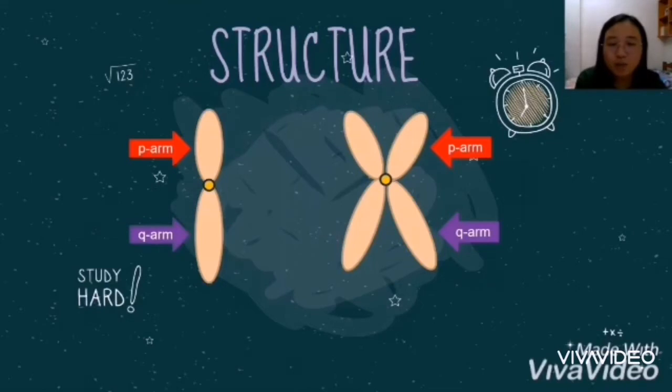So, how do we recognize which is the P and which is the Q arm? It depends on size. The smaller arm is the P arm, while the larger arm is the Q arm. So, the left-hand side chromosome has one P and one Q arm, while the right-hand side chromosome has two P arms and two Q arms.